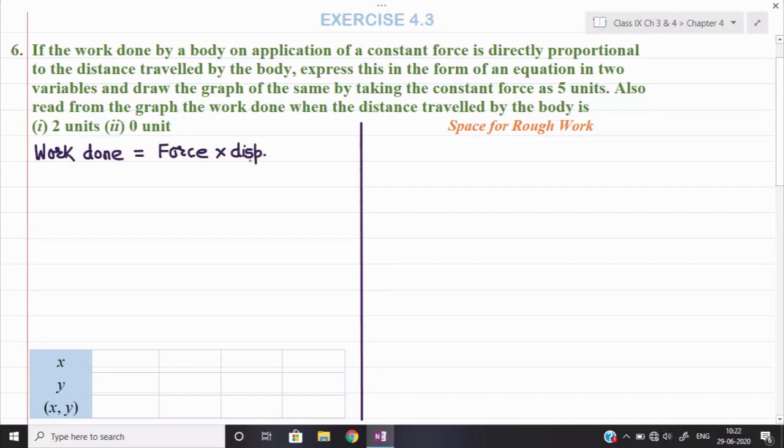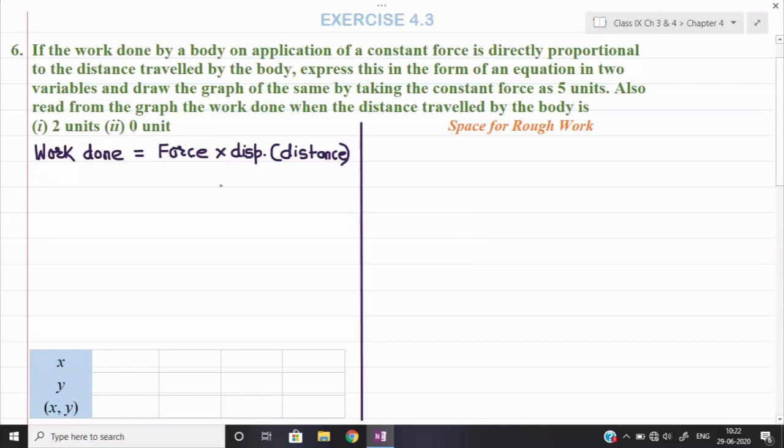Now I think you must know displacement, because in the motion chapter you have already covered it. In maths, displacement we shall refer to as distance, but there is a difference between distance and displacement. In physics there is a far difference between both terms, but here we shall refer to it as distance. So our formula is work done is equal to force into displacement.